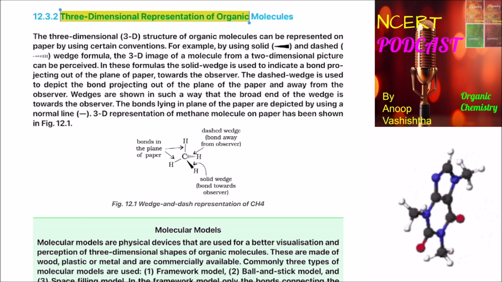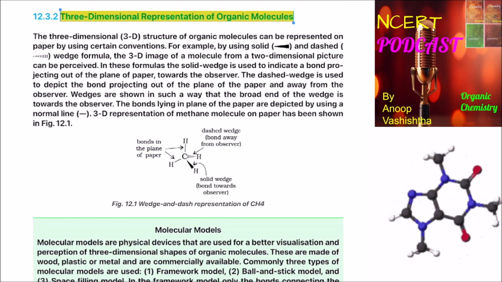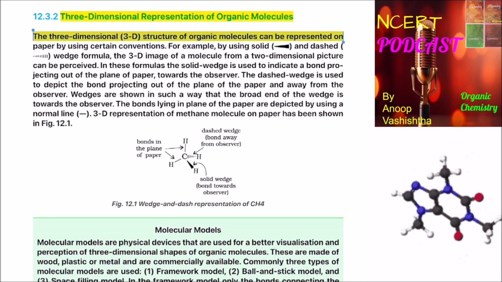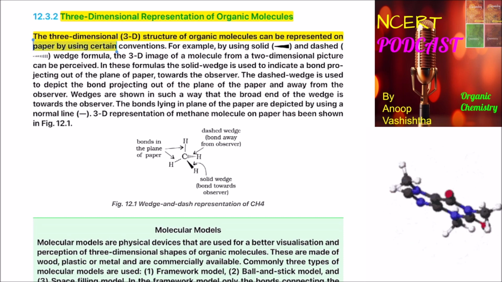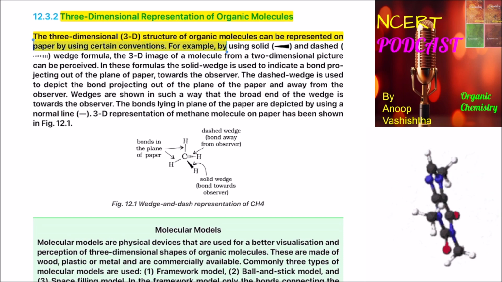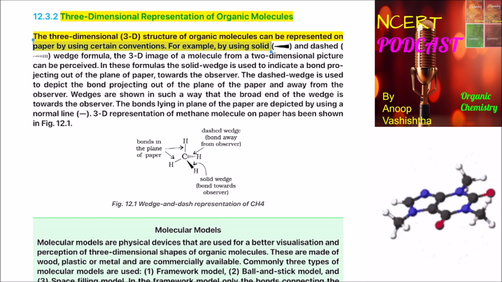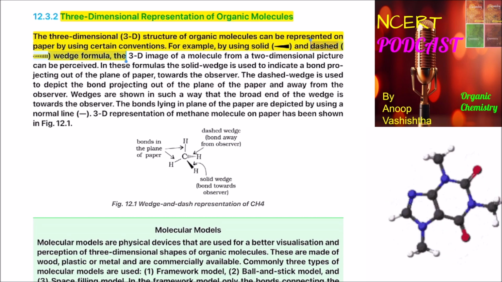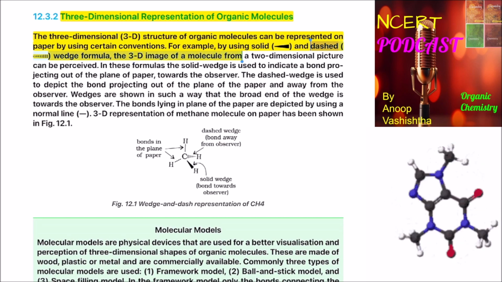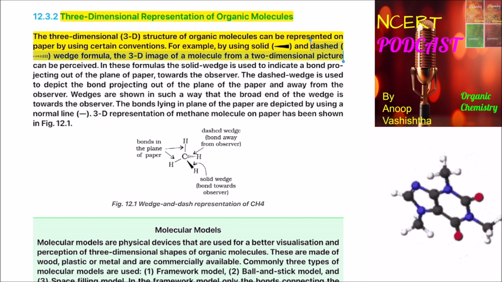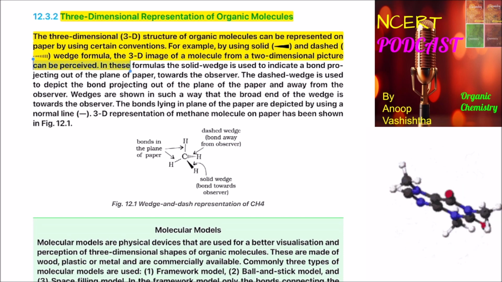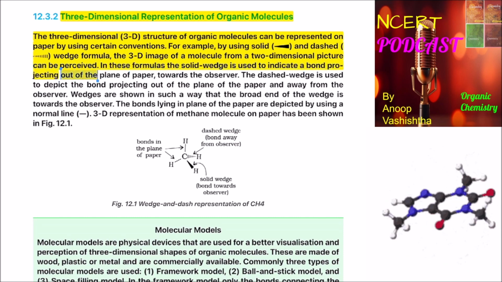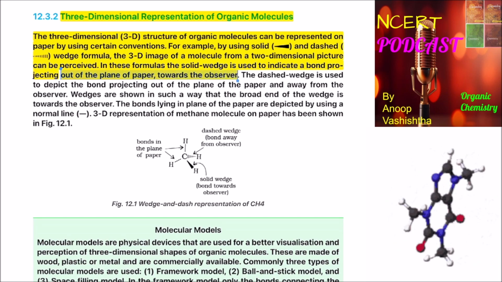Three-dimensional representation of organic molecules. The three-dimensional 3D structure of organic molecules can be represented on paper by using certain conventions. For example, by using solid wedge and dashed wedge formula, the 3D image of a molecule from a two-dimensional picture can be perceived. In these formulas, the solid wedge is used to indicate a bond projecting out of the plane of paper towards the observer.